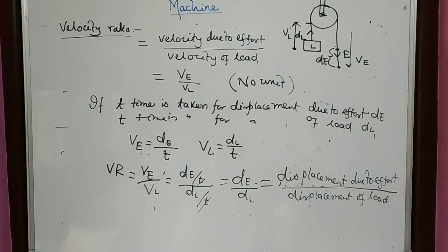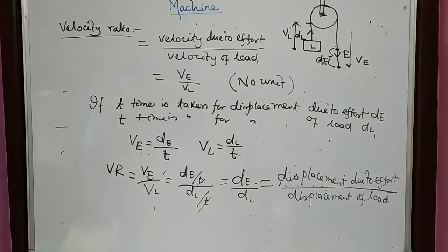Okay, dE by dL, and here also you see it is the ratio of two displacements. So as it is a ratio of two displacements, here also no unit should be there. So velocity ratio and mechanical advantage both should not have any unit.